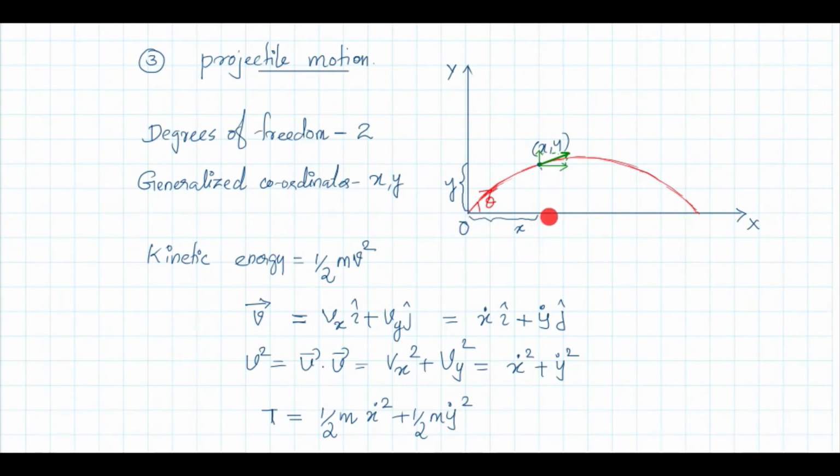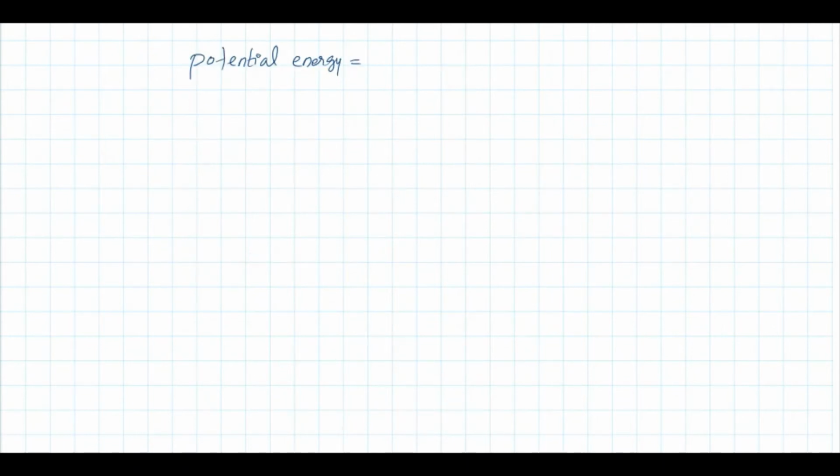We will measure the height from this level, y equal to 0. With respect to this level, this point has a vertical height y. So the potential energy, I will write as mgy. Potential energy is nothing but mg into vertical height. Here it is y, so potential energy is mgy.